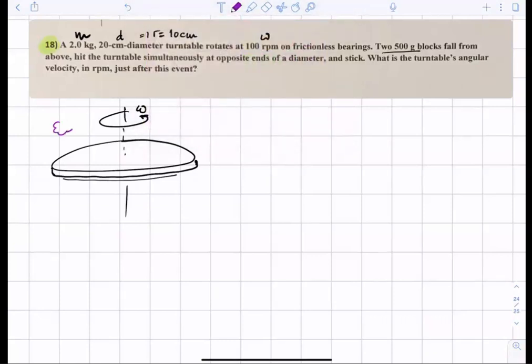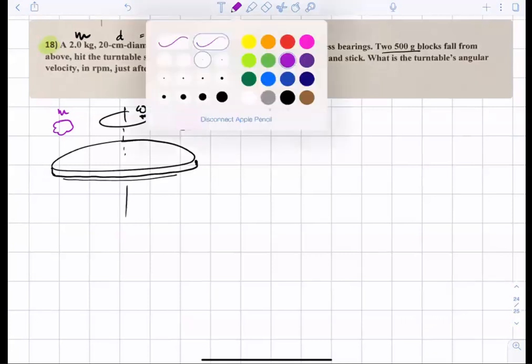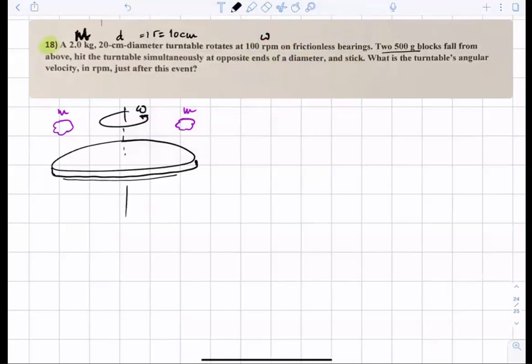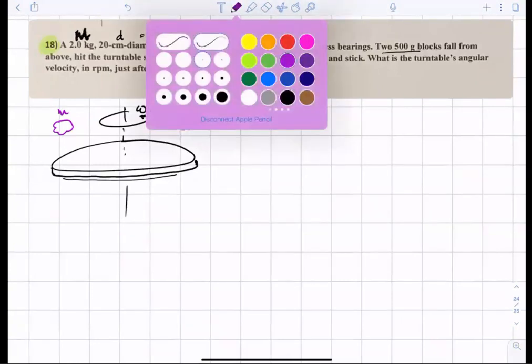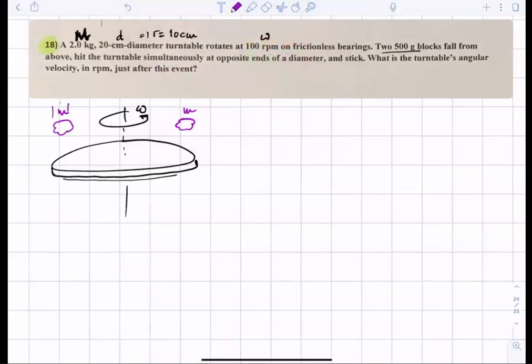So let's say here is mass 1 and mass 2. They are identical. I'm just going to call them capital M to keep it all straight here. So they fall from above, and they stick based on what it says.